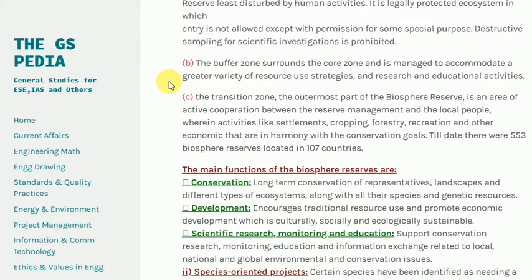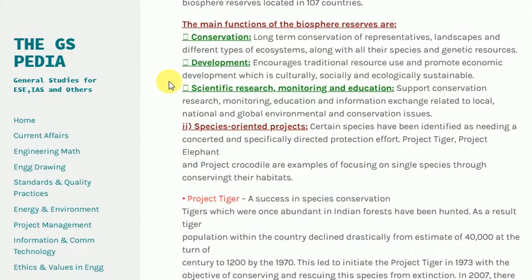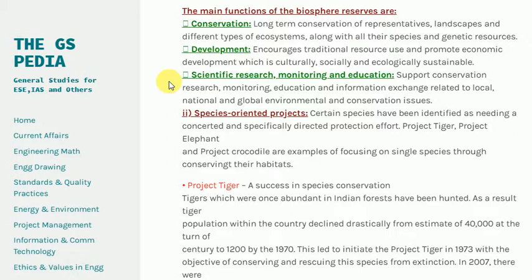The main functions of the biosphere reserves are: conservation, the long-term conservation of representative landscapes and different types of ecosystems, along with all their species and genetic resources.